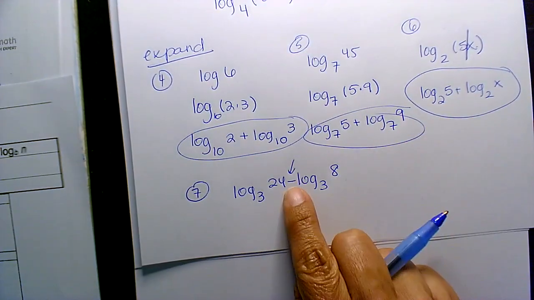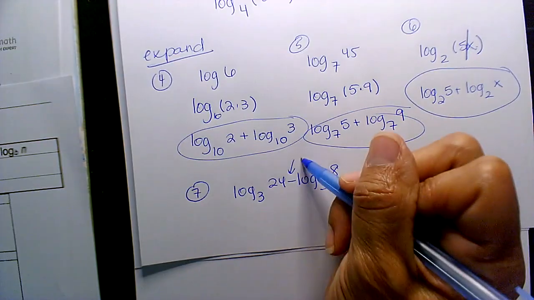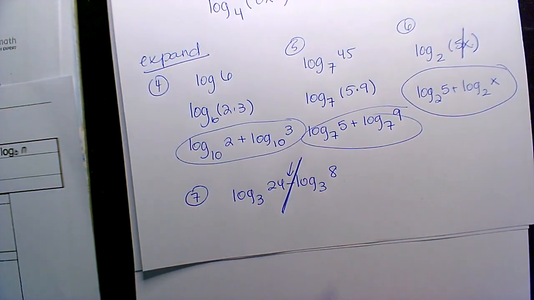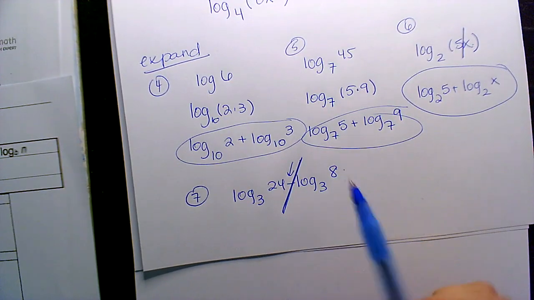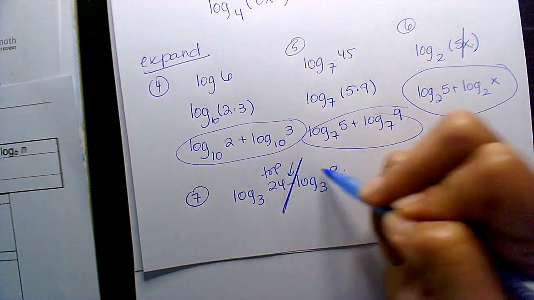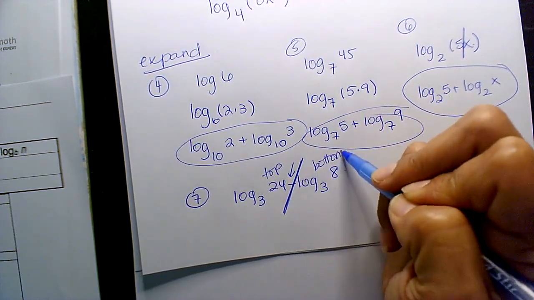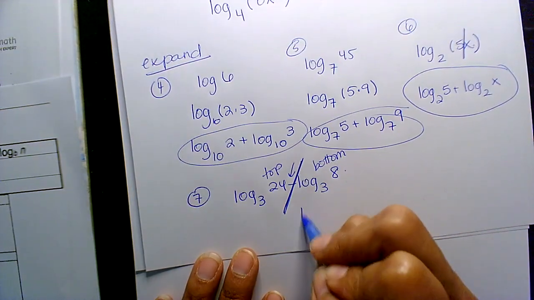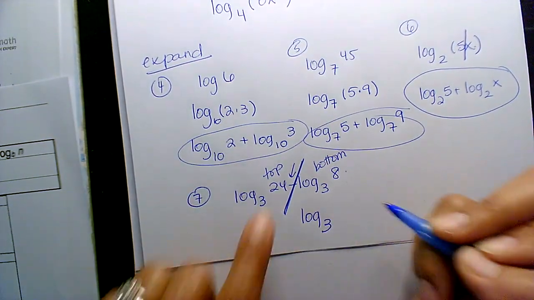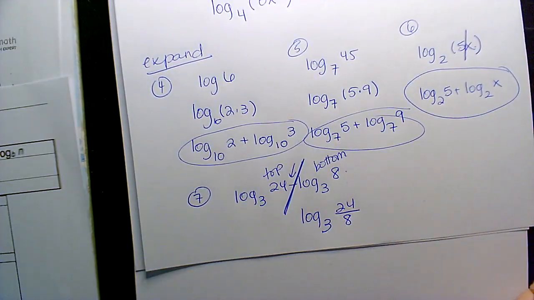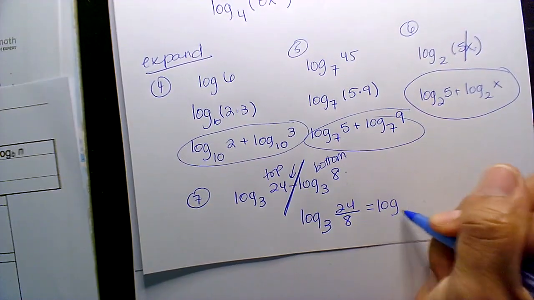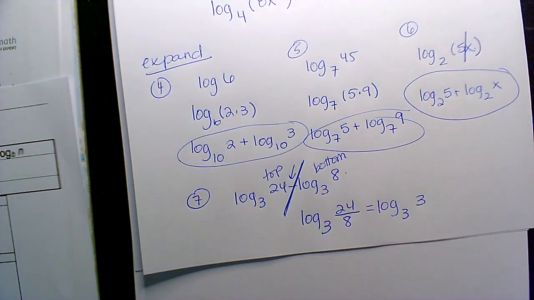If you have a subtraction, that's where your fraction bar is going to be. So this is your numerator, this is your denominator, right? This is the top, this is the bottom of that fraction. So then I have log base 3, numerator is 24, denominator is 8, and then if you were to simplify it, it's 3.